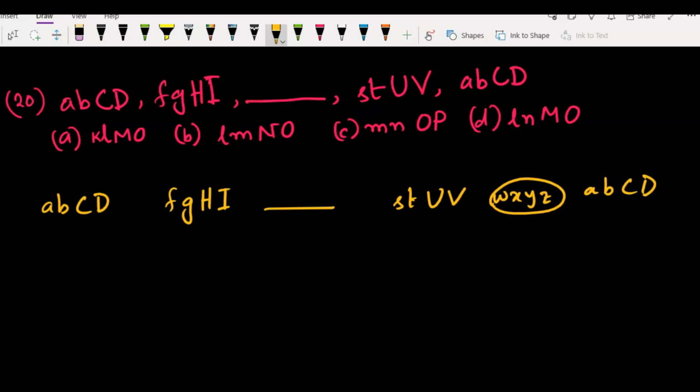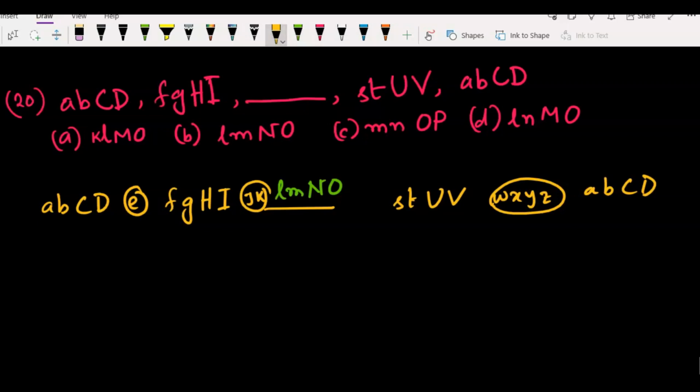So here A B C D. Here E was omitted. Then F G H I. So J K will be omitted. Then what will we get? We get L. After K we have L M. Then N O. So after that what will be omitted?